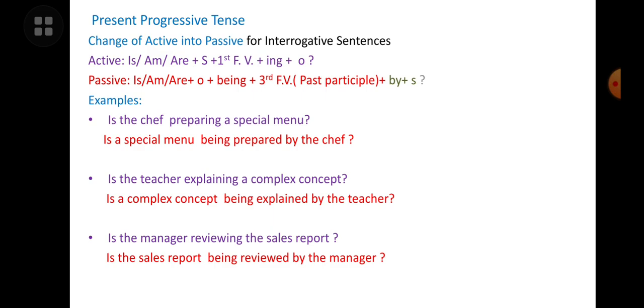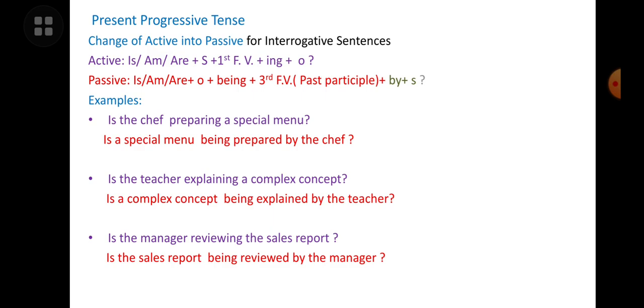Some examples are here. Is the chef preparing a special menu? So its passive voice will be: is a special menu being prepared by the chef? Next example, is the teacher explaining a complex concept?